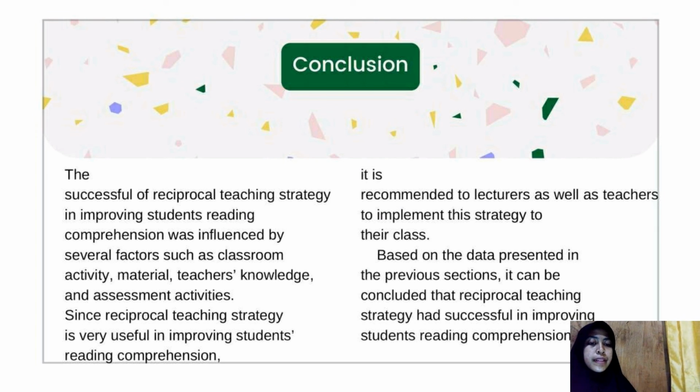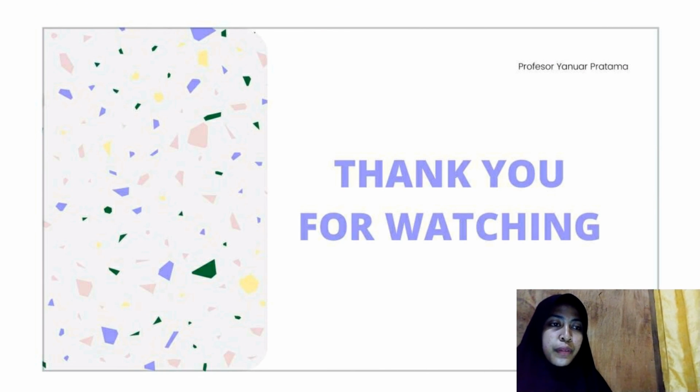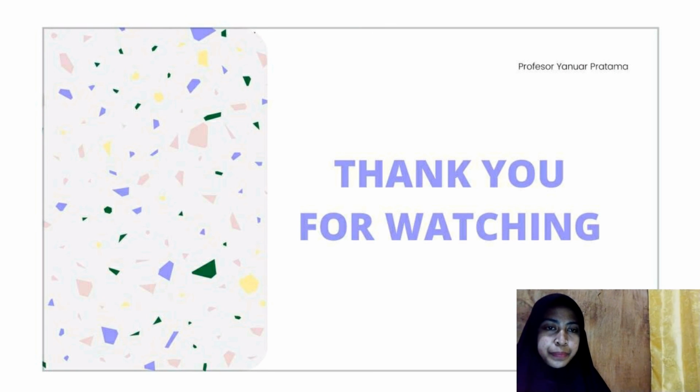Based on the data presented in the previous section, it can be concluded that the reciprocal teaching strategy has been successful in improving student reading comprehension. Well, I think that's all for me for the summary of the journal.